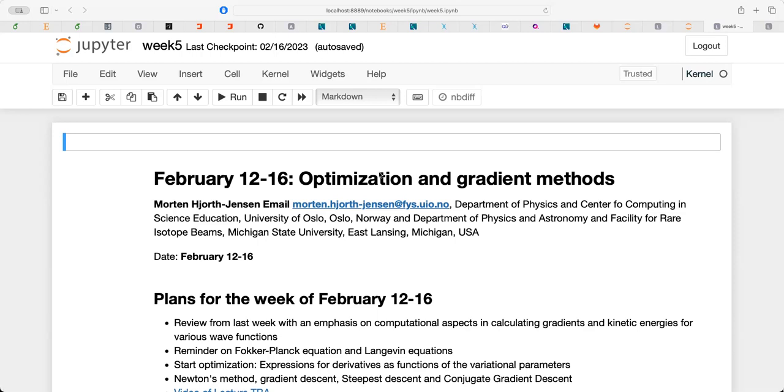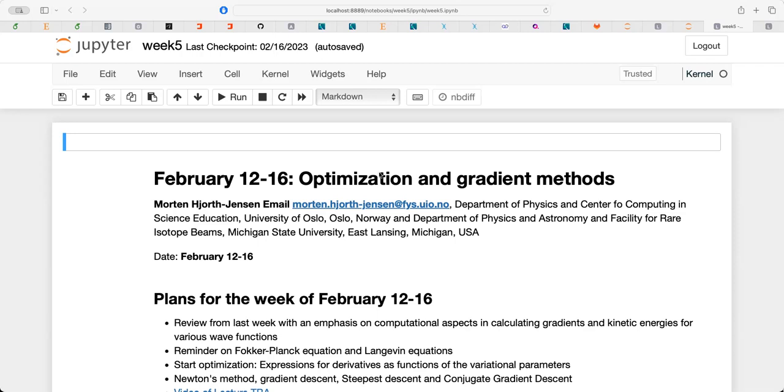What we want then is to use optimization techniques with few Monte Carlo cycles to find the best possible parameters, which hopefully are close to the variational minimum. When you have these best possible parameters, that is when you start the big Monte Carlo machinery, where you sample millions and millions of configurations.